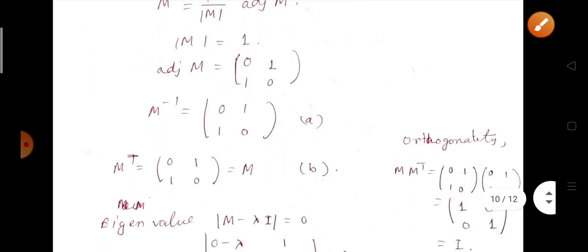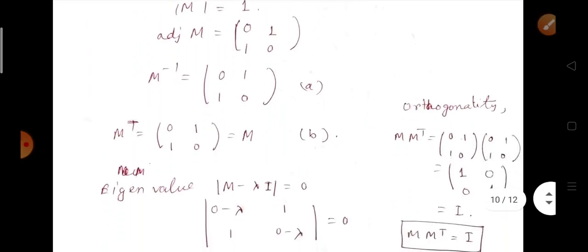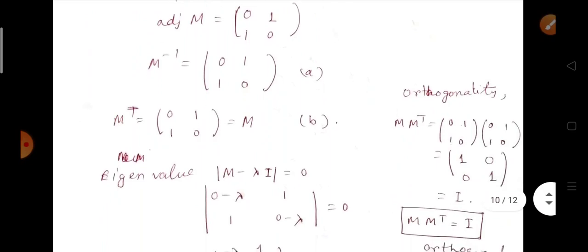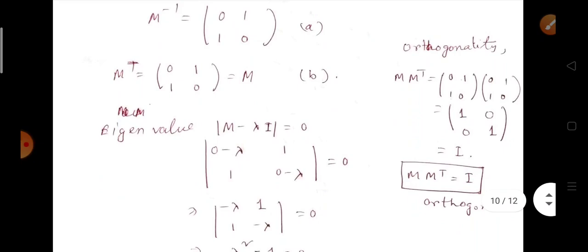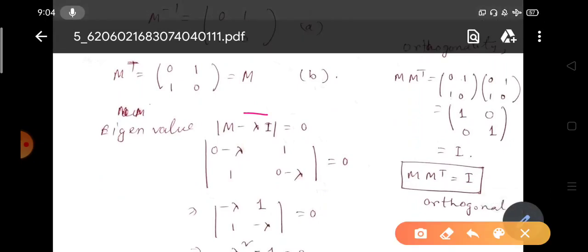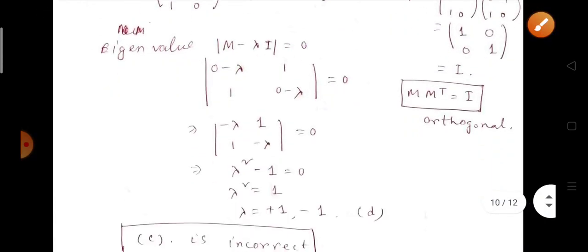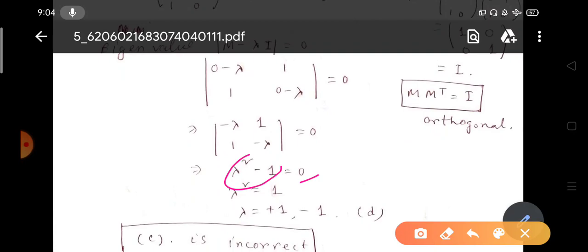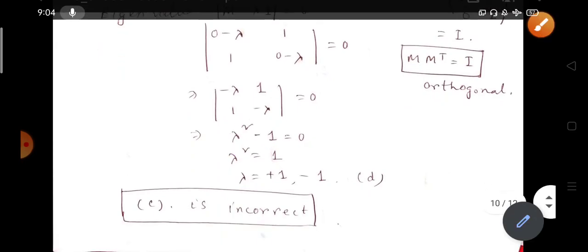So after taking the transpose, it is also the same as the matrix. Now to find the eigenvalues, we use the characteristic equation, that is determinant of M minus lambda I equals 0, which gives lambda square minus 1 equals 0, so lambda equals plus 1, minus 1.